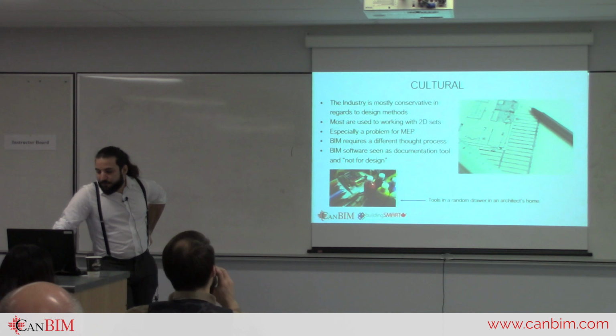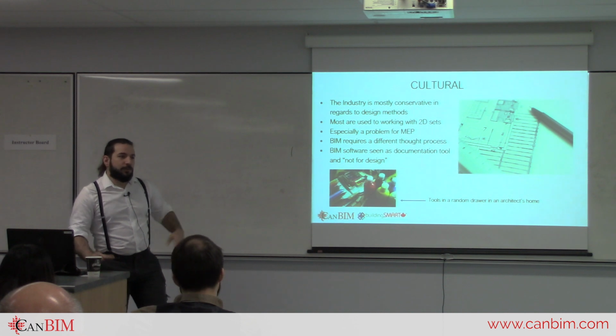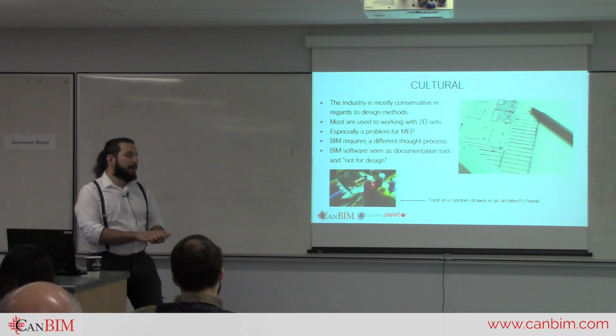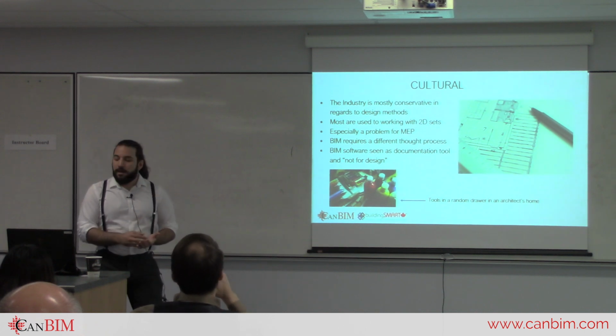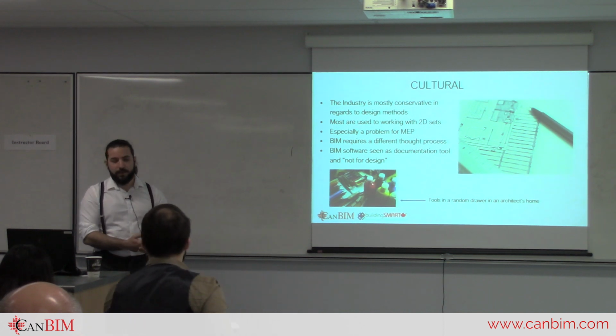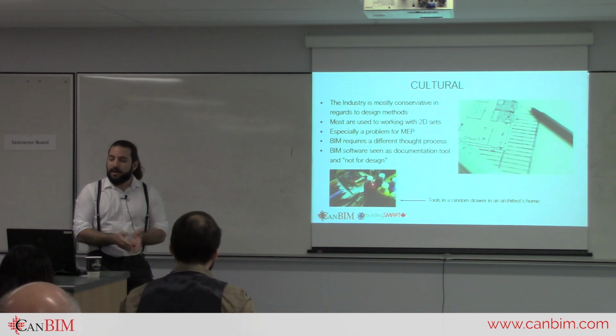So, most people are still used to working with 2D sets. I would say architects are generally doing better in this area, but especially engineering technicians, I've seen a lot of times have a really hard time adapting to using a 3D model, because they've always been drawing these schematic single lines for piping, or they don't even dimension the drawing.